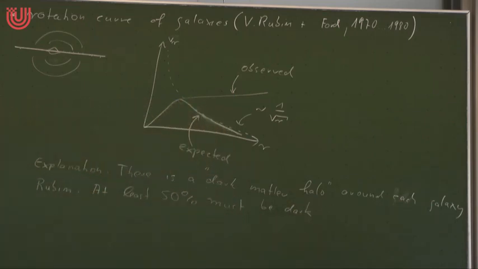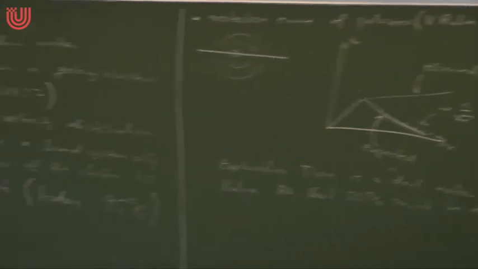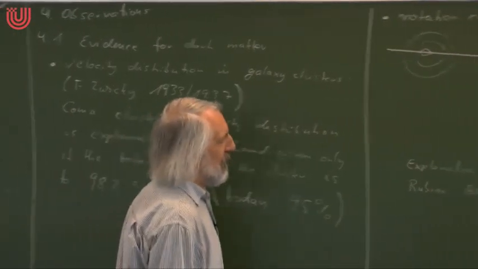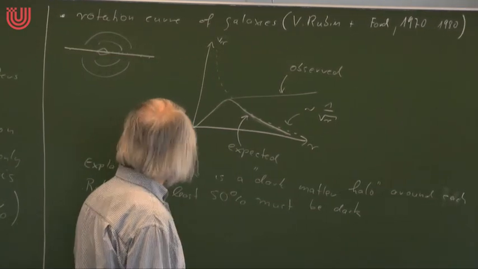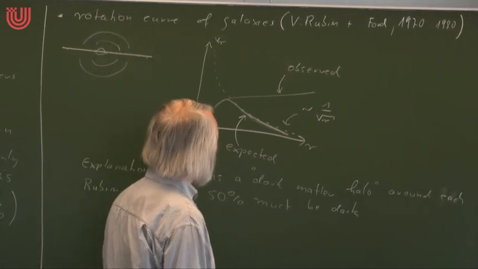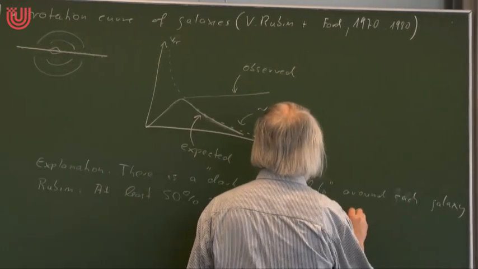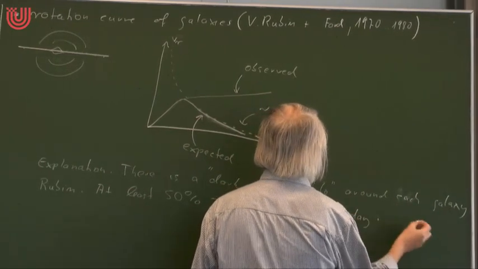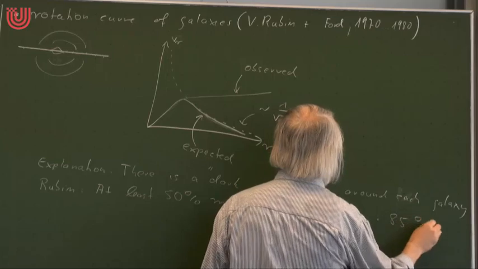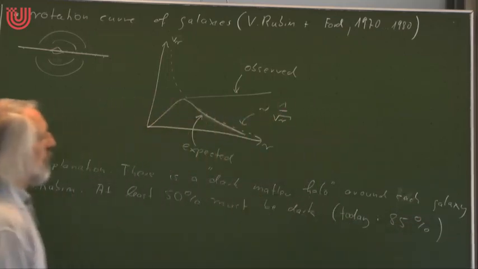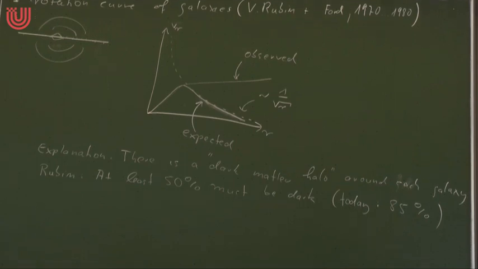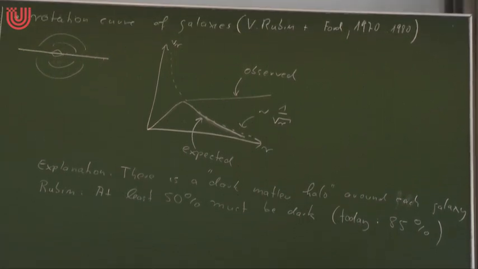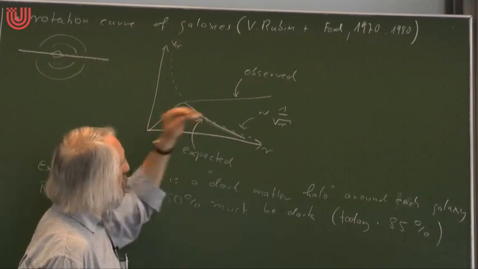This was underestimated. So Zwicky, to a certain extent, overestimated the contribution by dark matter in the clusters. Rubin underestimated it in the galaxies, so that today the accepted value is something like 85%. Maybe a little bit more, 85, 87, something like that. Those are the numbers you usually find nowadays in order to explain these rotation curves.